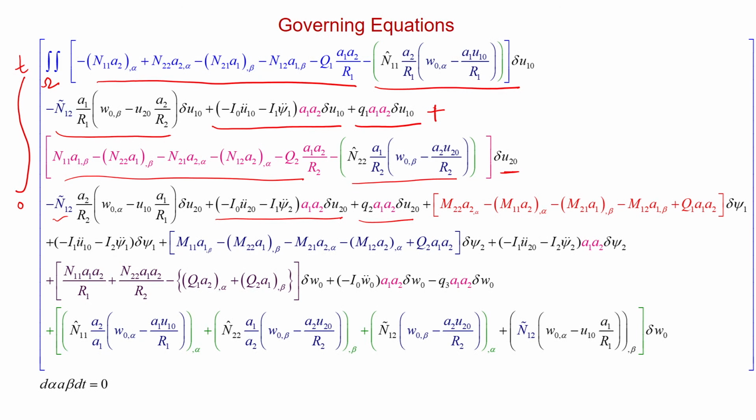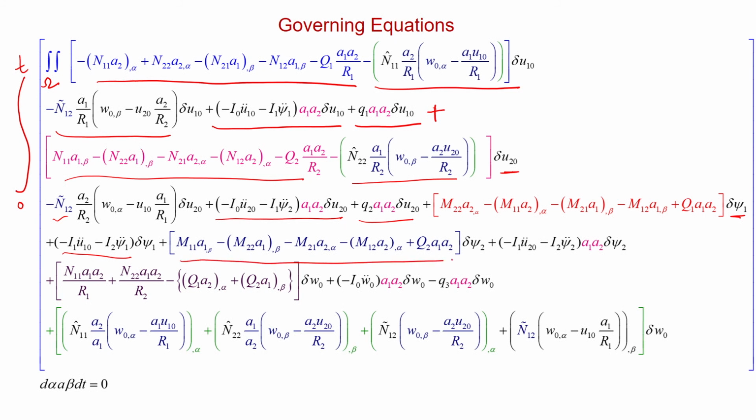Then the coefficient of del psi 1. In del psi 1 there are non-linear terms and kinetic energy, and under this head we do not even have the external work done.